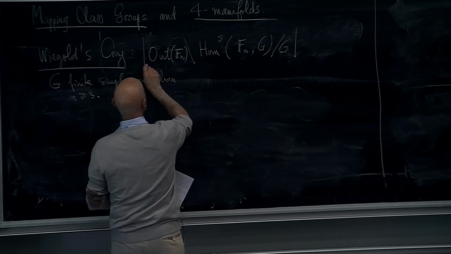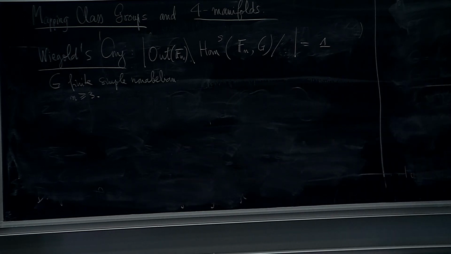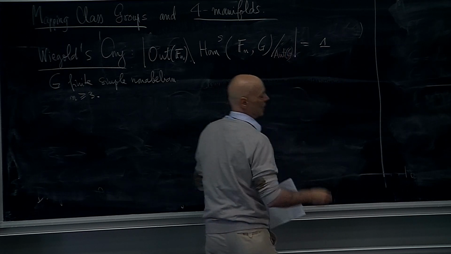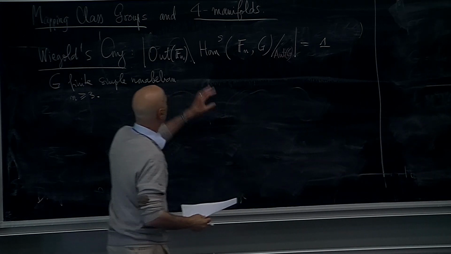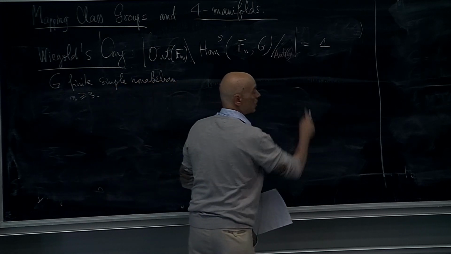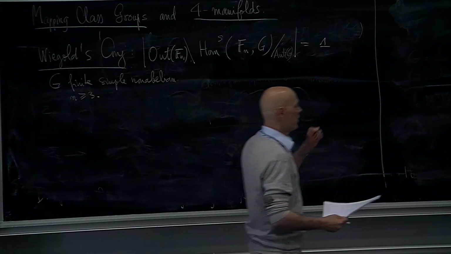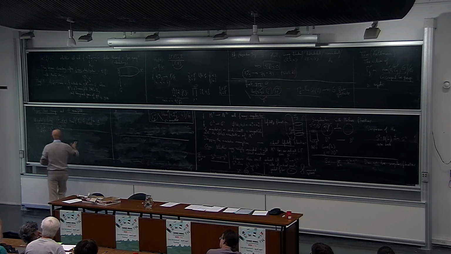Well, the Wiegold conjecture is simply saying that here, if I'm replacing the group by a slightly larger group, which is in general not much bigger than G, often just an extension by Z/2. Anyway, here I took all the group of automorphisms. Well, there is only one orbit. What is it saying? It's saying that actually, if you don't look very carefully at our problem in dimension 4, actually the invariants you think are meaningless. There is nothing which remains.